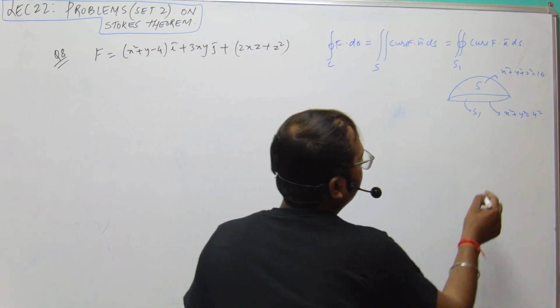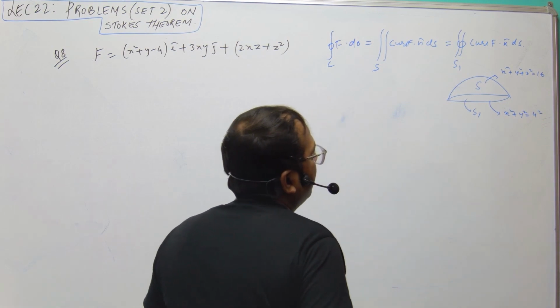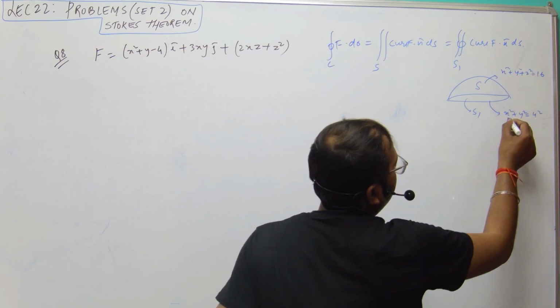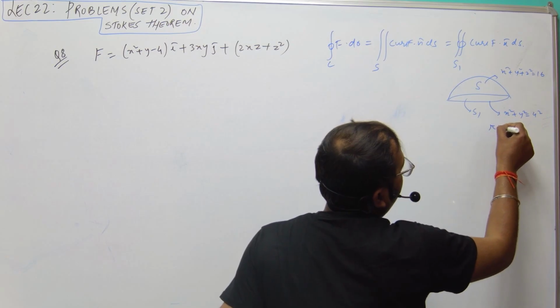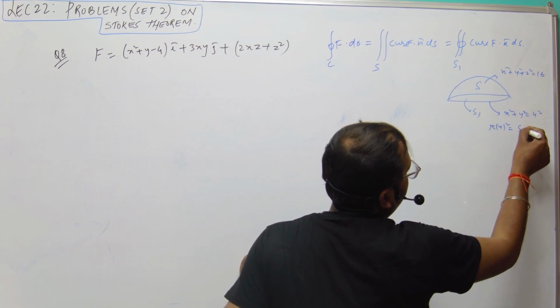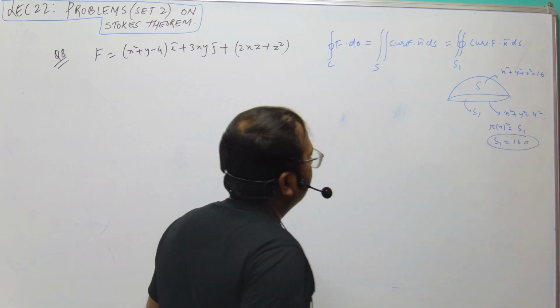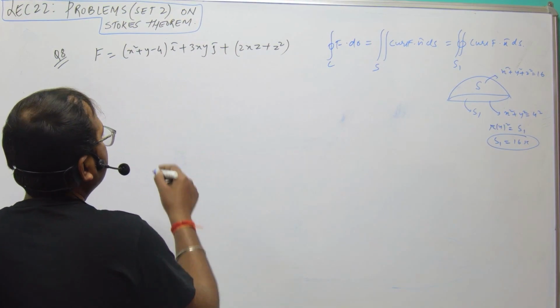So S1 is the surface area of this circle, x square plus y square equal to 4 square, so pi into 4 square is equal to S1. S1 is equal to 16 pi. Okay, so now let us find the value of curl of F dot k cap into dS.